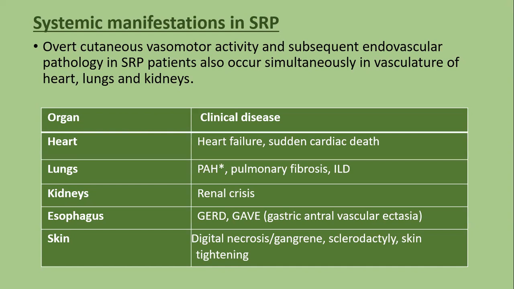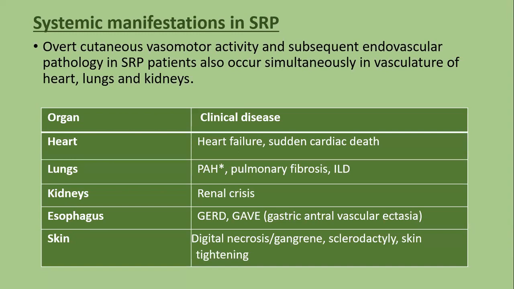In the heart, it can result in heart failure and sudden cardiac arrest. In the lungs, it causes pulmonary arterial hypertension, pulmonary fibrosis, and interstitial lung disease. In the kidney, it leads to renal crisis.